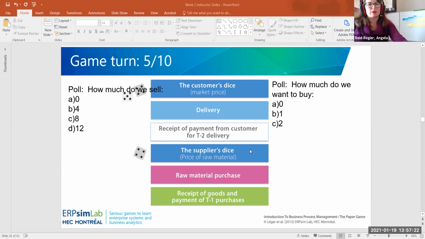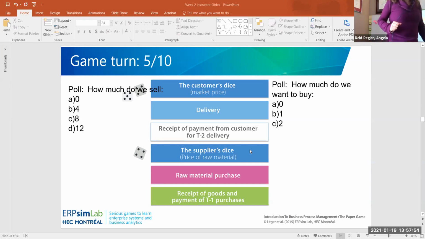Okay. So now let's see how much we can buy this round. We're buying it for $6. So how many sheets do we want to buy this time? $6 is as high as it goes. So let's just say we're going to buy maybe 1 sheet this time. So there's our purchase order to our supplier. Round 5, we're just going to buy 1.